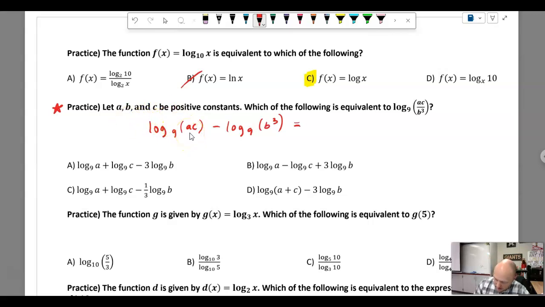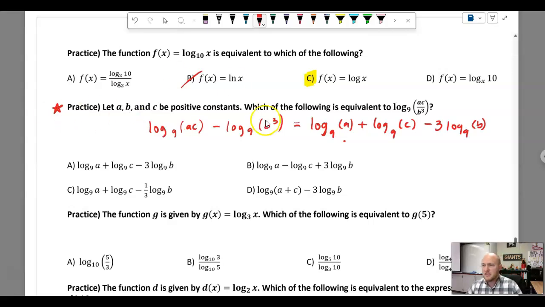So this would be log base 9 of a plus log base 9 of c minus, and then that power of 3 can come out front. That's the power property in reverse. So 3 log base 9 of b. I would expect this to be the answer, or some form of this, where these are commutative, right? So you could swap these.